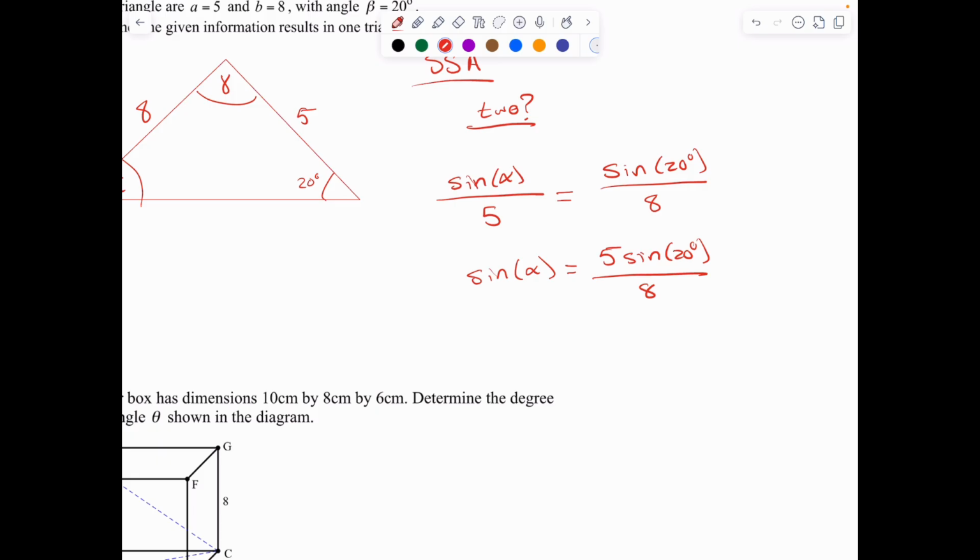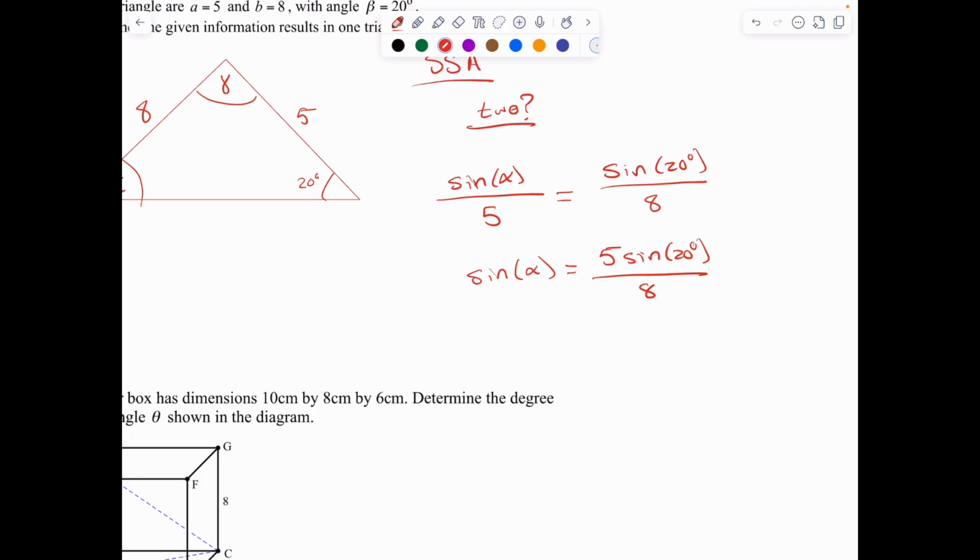I did not set this one up ahead of time. I should have. So let's see, we have 20 degrees, and then 8 and 5. Okay, let's see if this one gives me my answer. Scroll down.